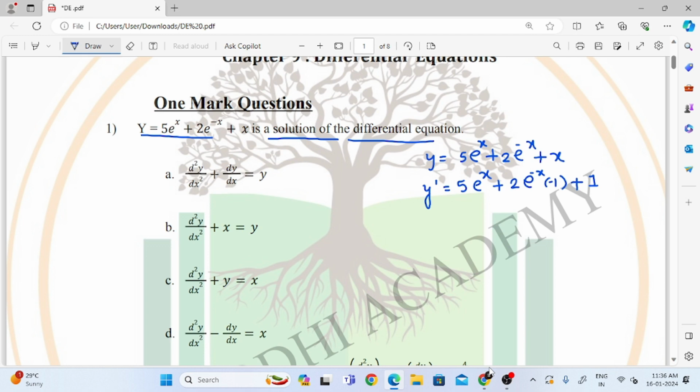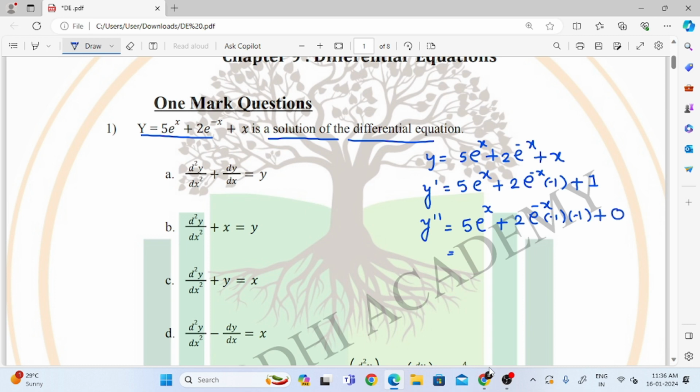Let's take the derivative one more time, because in all the options we have the second order derivative. So derivative of y dash, that is y double dash, which is d square y by dx square, is equal to 5 e raised to x, plus 2 as it is, derivative of e raised to minus x is e raised to minus x, and the derivative of minus x is minus 1, and one more minus 1 is there, and plus derivative of 1, which is 0.